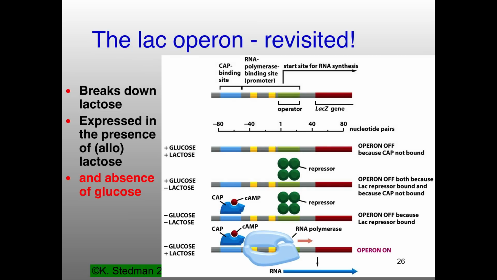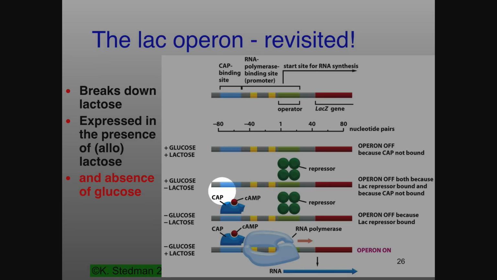Unfortunately for Jacob and Monod, it turns out there's also positive regulation, and you actually need a mixture of positive and negative regulation to get the appropriate regulation of the lac operon in E. coli. That positive regulator is CAP or CRP. It binds to DNA in the presence of cyclic AMP, which says you have low glucose.